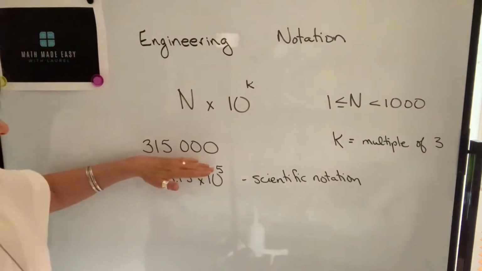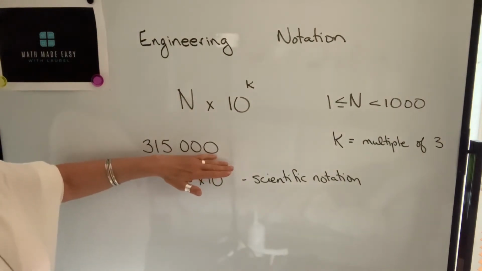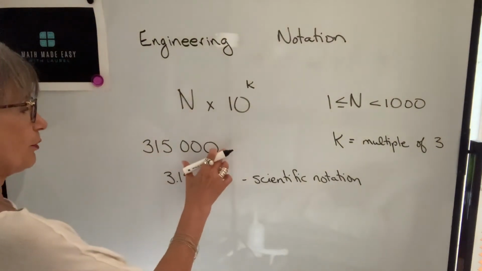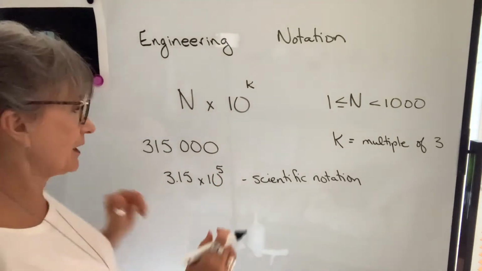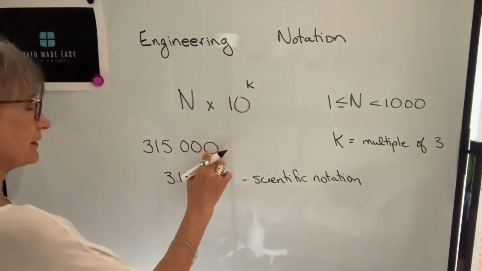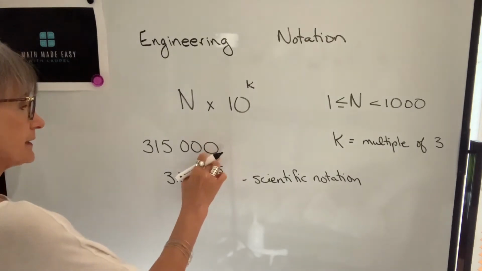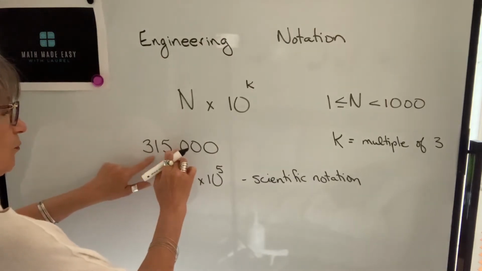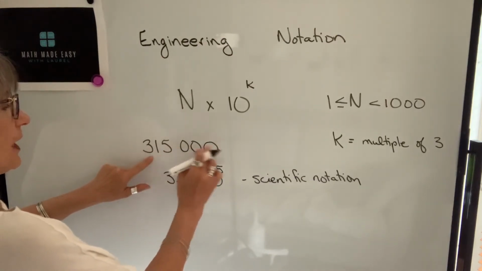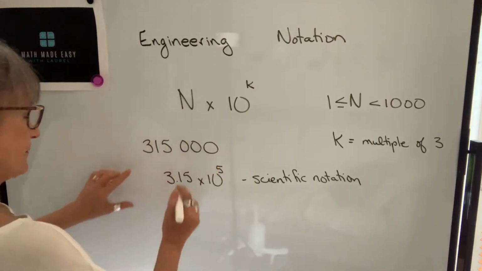So if we were to express this in engineering notation, we're going to move our decimal point 3 places at a time until we get a number between 1 and 1,000. So my decimal point is at the end of the number, and I move it 3 places. This is a number between 1 and 1,000, so I'm going to move my decimal point 3 places.